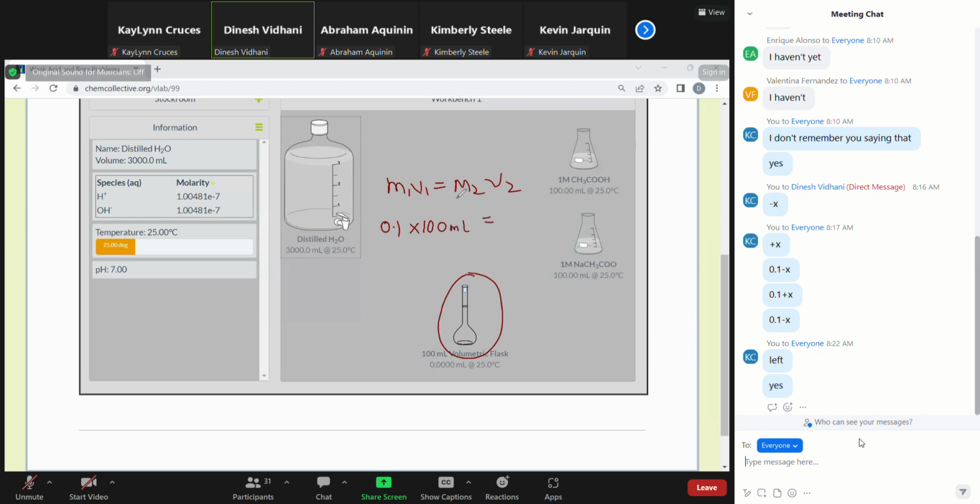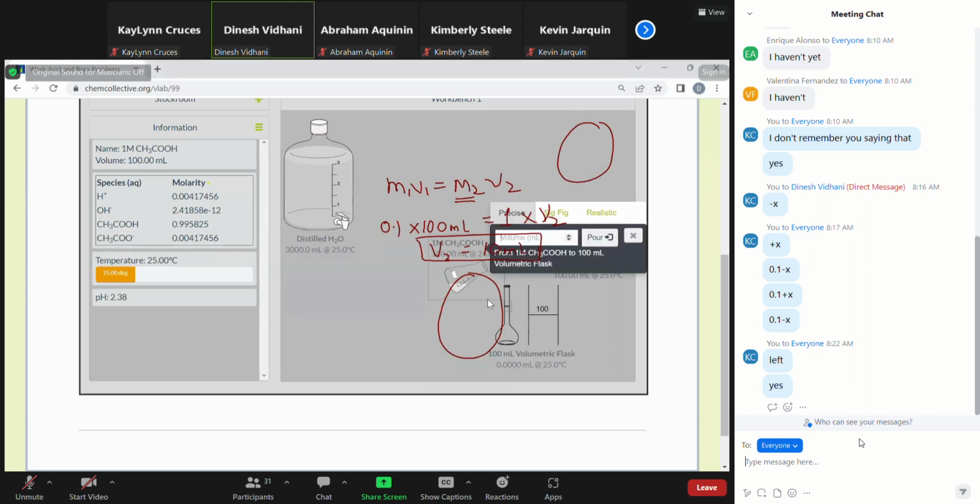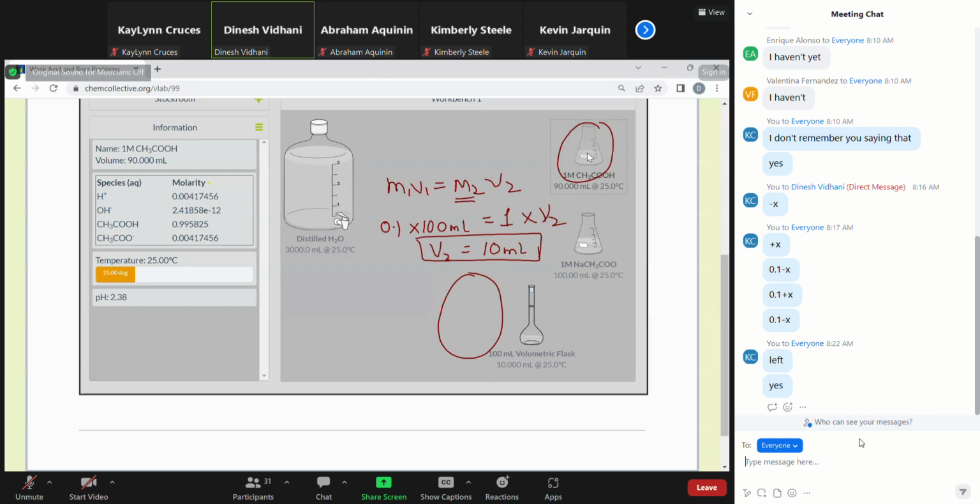Do I know the molarity of my starting solution, the stock solution? It's 1 molar. How much volume should I take? So my V1 turns out to be 10 ml. Well, I'll take 10 ml and I'm going to pour it there, and put it back here.